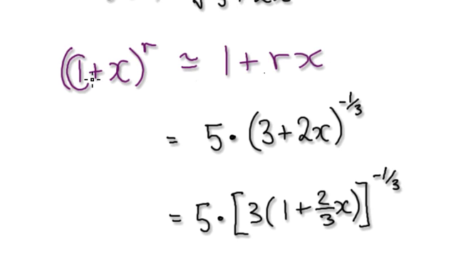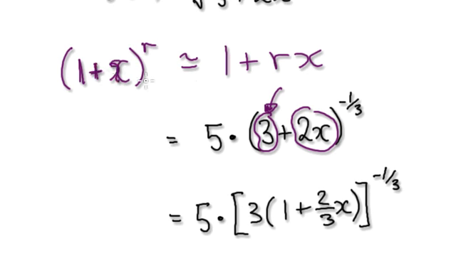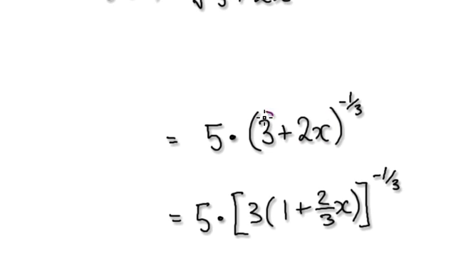But the thing is, here you've got 1 plus a bubble here. So here you've got 3 at the moment. So we want to get it in the form of 1 plus whatever here. Okay, so at the moment we've got 3 plus whatever here.